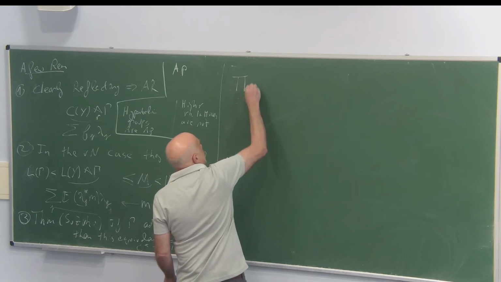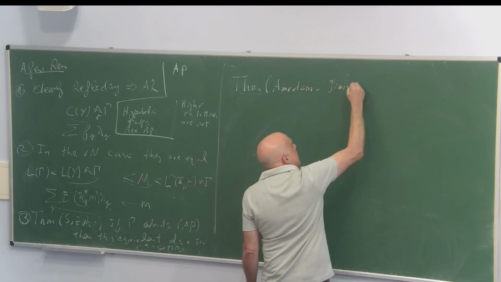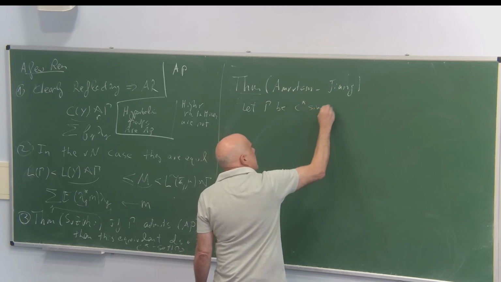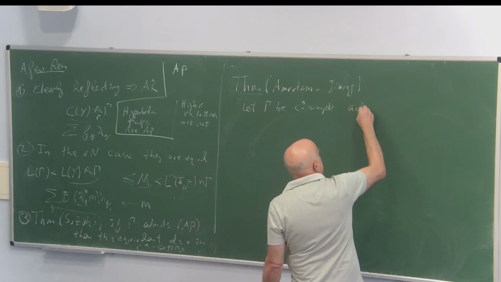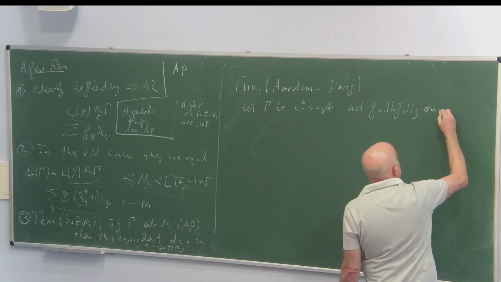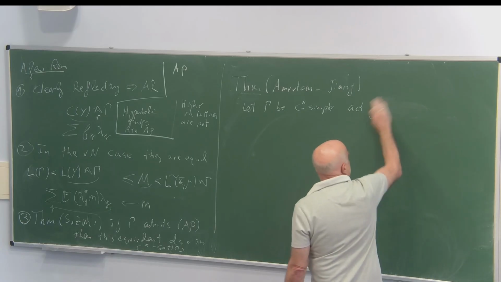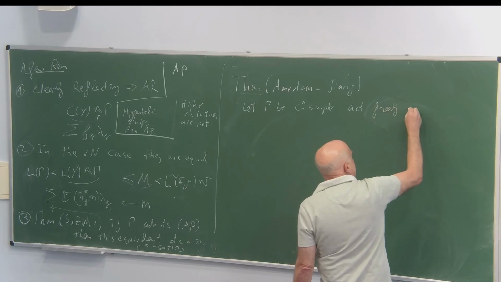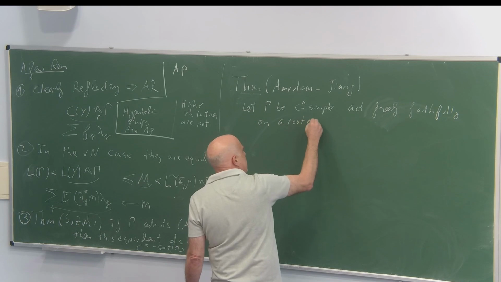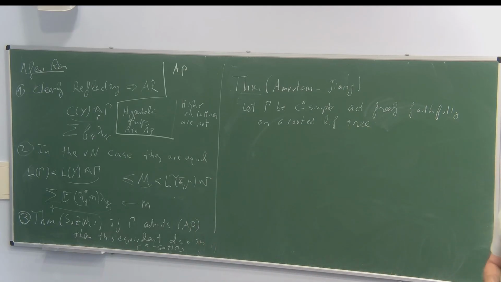So here is a theorem. Let gamma be C star simple, act freely and faithfully on a rooted tree, so basically looking at some kind of profinite actions.